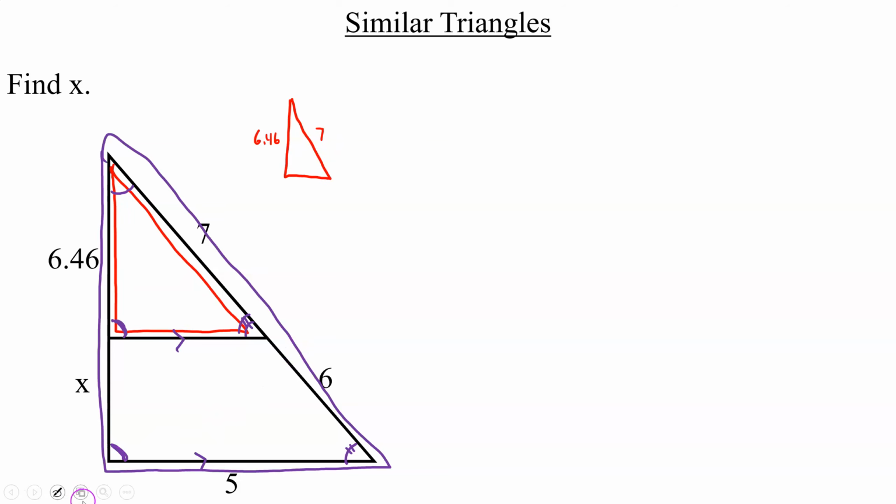Now let's draw our purple triangle. For our purple triangle, this side right here is 7 plus 6, so 13. This side we're given is 5, and then this side over here is 6.46 plus x.